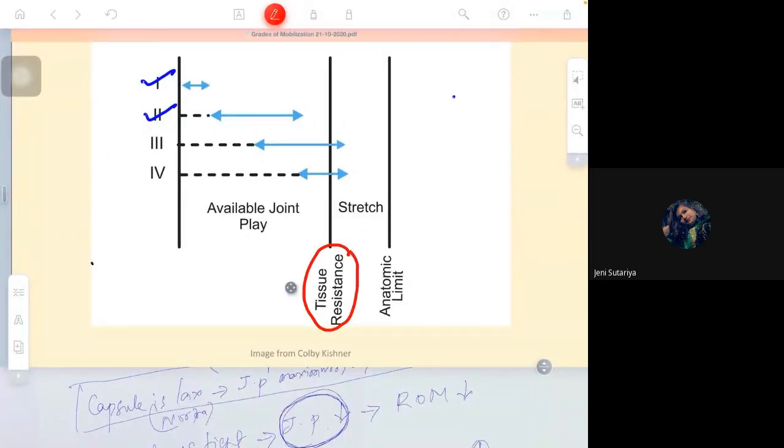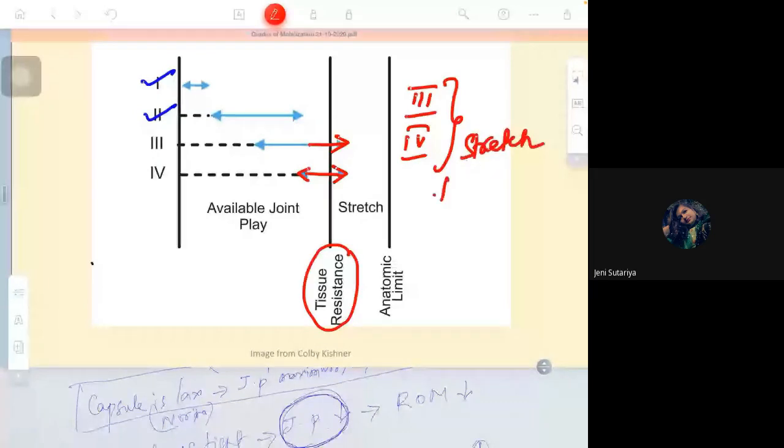Grade 3 and grade 4 are the only two grades which cross the tissue resistance. So grade 3 and grade 4 will stretch the capsule.